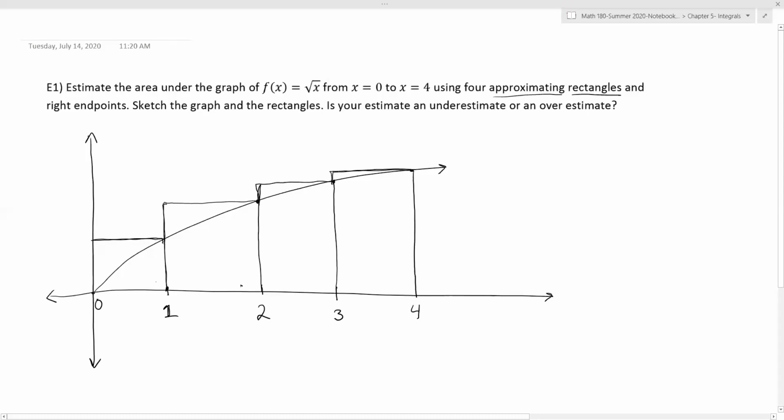We used a right endpoint, so this is the right-hand side, and that's something you want to notice. When we say we're using right endpoints, we're using the ones that are further along the line. So we've broken up our graph into 4 approximating rectangles, and we pick the right-hand side in order to draw the heights of those rectangles.